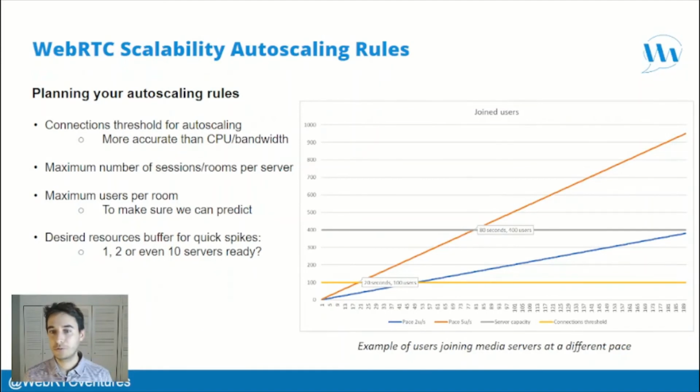That's probably too close to the limit. We wouldn't be in that situation, so potentially we would need to reduce the threshold a bit if we want to have servers available a bit earlier, or maybe the pace of 5 users per second is not something that we are expecting, then it's not necessary.